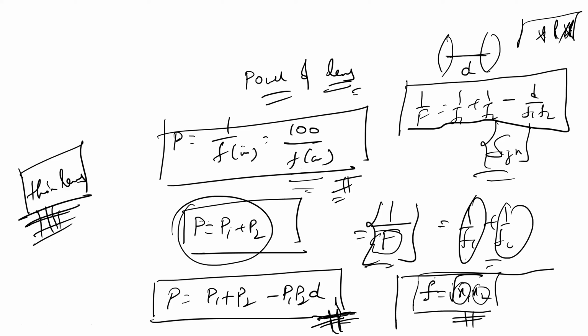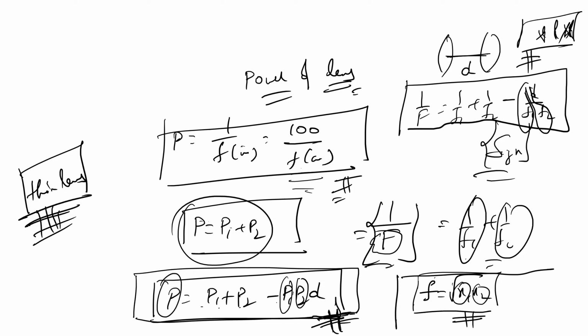Okay, sir. Even for advanced also, we don't teach these derivations, out of the scope of the textbook. Then the power of the lens is equal to P1 plus P2 minus 1 by f1 into 1 by f2 into d, that is P1 P2 into d. We can write this formula if they're having distance d between them. Got it? Shall I go ahead? Yes, sir.